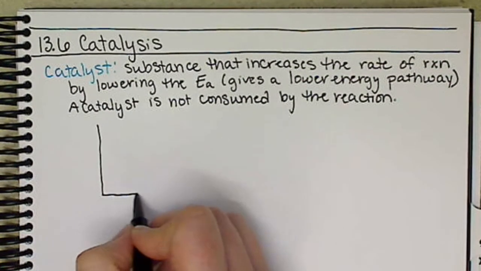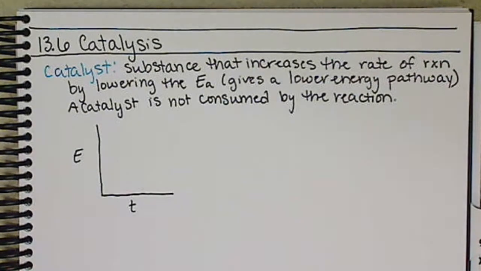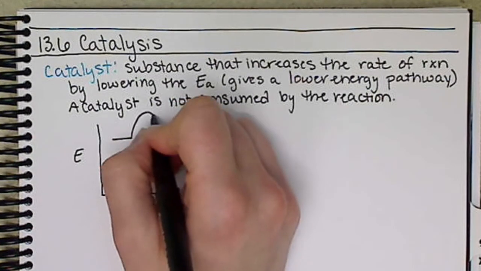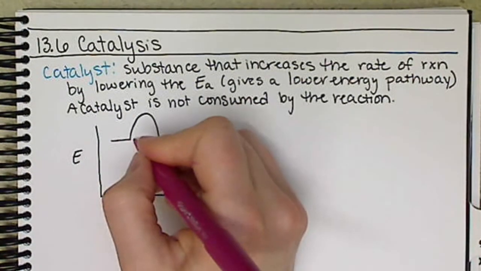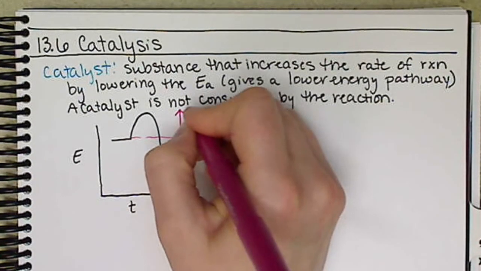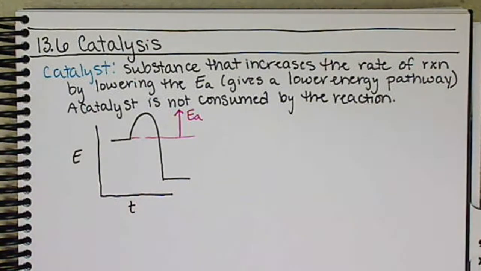So graphically, if we look at time on the x-axis, energy on the y, and we had our simple one-step reaction here, our energy of activation was how much energy we had to add to get over that hill.